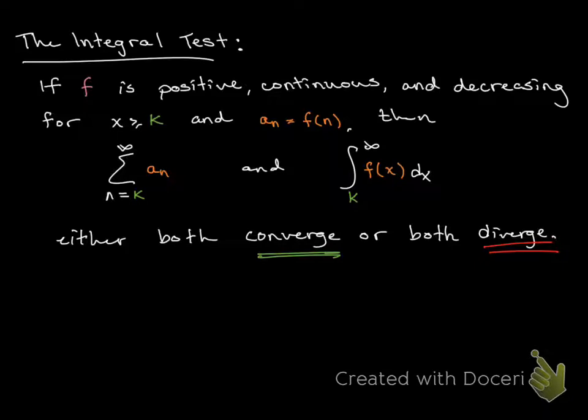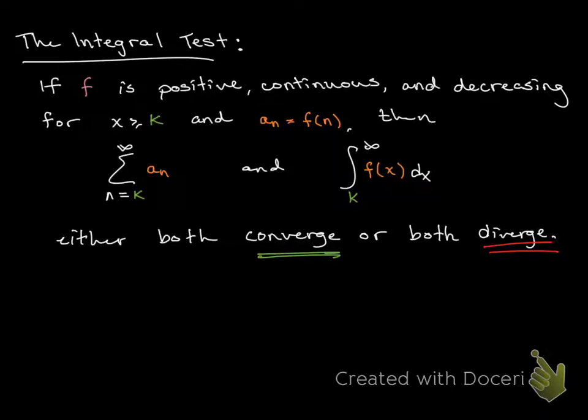We'll see some others, like geometric series. We had convergence for a specific common ratio, right? We were able to say, oh, if r is less than 1 in absolute value, we converge. This test, and a few others we'll talk about, is a little different. We have convergence of both the integral and the series, or divergence of both the integral and the series.